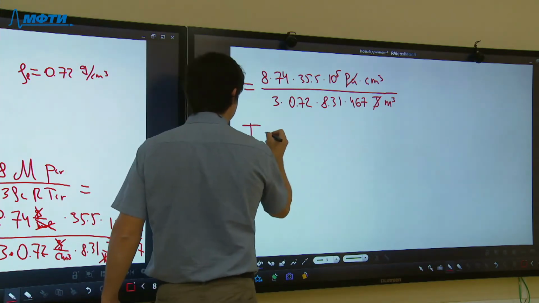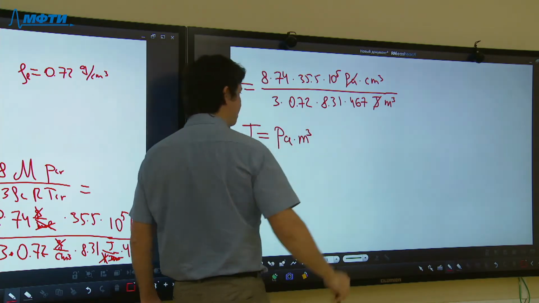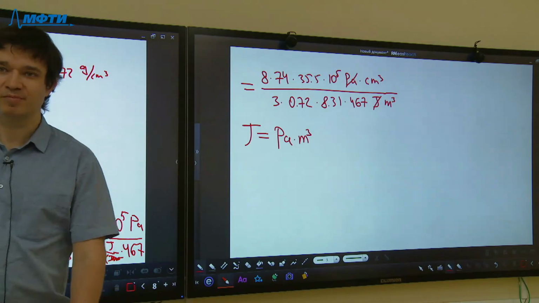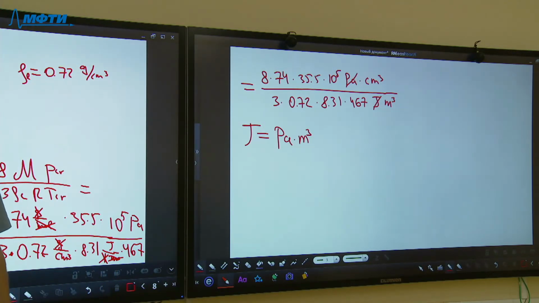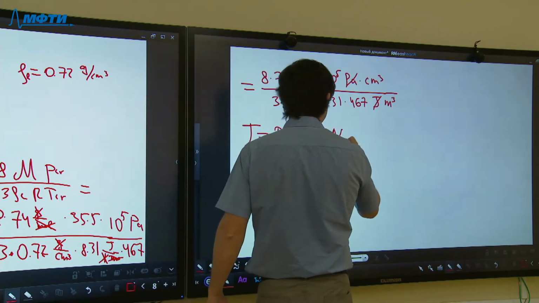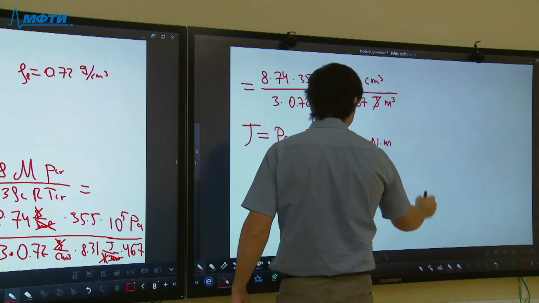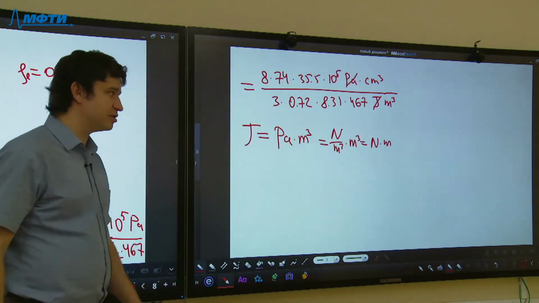Okay, the question to the audience: why does a joule equal a pascal times a cubic meter? Pascal is newton per meter squared, times cubic meter. That gives you newton times meter, and newton times meter is indeed a joule.